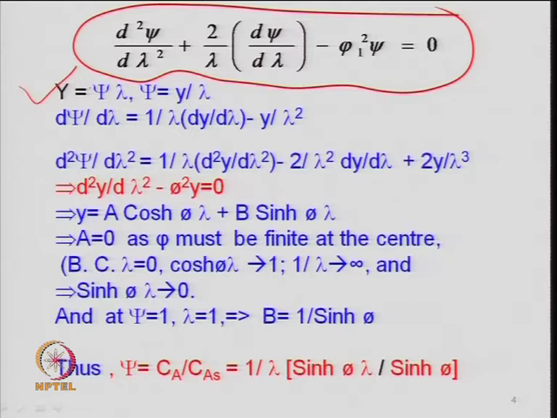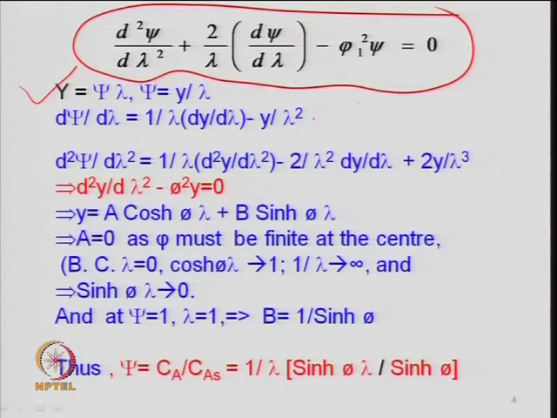You know the differentiation of this kind: first function times differentiation of second, minus second function times differentiation of the first. So, first function 1 by lambda, differentiation of y, so dy by d lambda, and minus second function, that is this y, and differentiation of the first is 1 by lambda square. So, that is shown here.